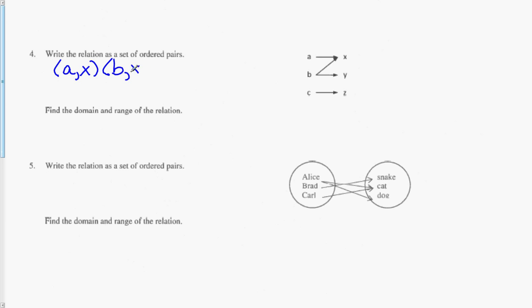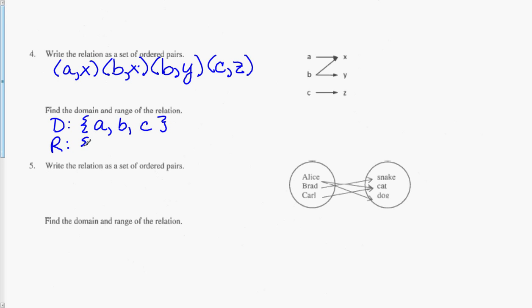B's got an arrow that's going to X, but B also has an arrow going to Y. So I need to list that one as well. And then C is going to Z. So if I'm going to list the domain, I'm going to list my X values, A, B, and C. And my range then would be X, Y, and Z.